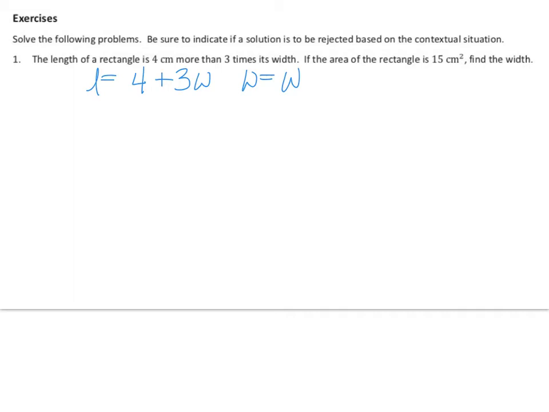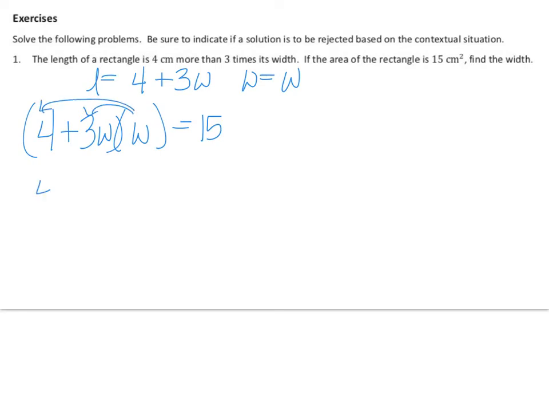If the area of the rectangle is 15, let's do this, length times width equals 15 centimeters squared, find the width. No problem. Let's go ahead and do some multiplication. I'm going to distribute this backwards. And I get 4w plus 3w squared equals 15.